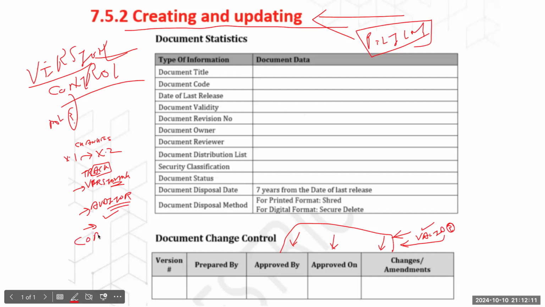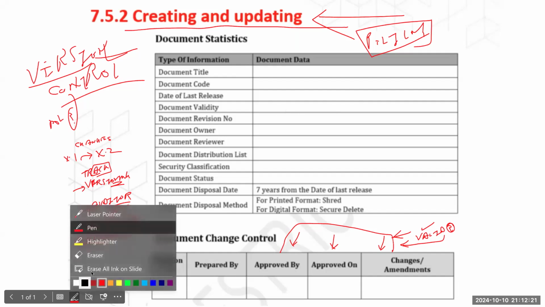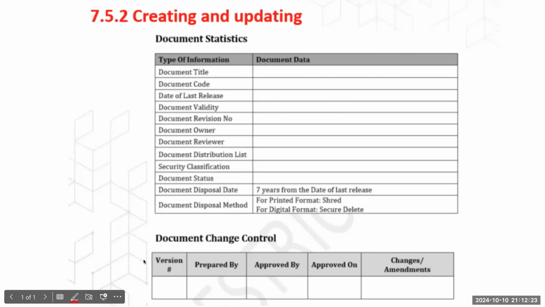Yes, you are right. Basically, we always consider the latest one. Then you see the changes: what are the new changes, or what implementations were added or removed. And who has approved this is also very important for us.